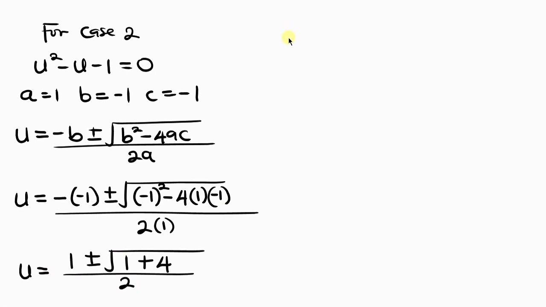And simplifying further, we're going to be having u equal to 1 plus or minus the square root of 1 plus 4, which is 5, all over 2.